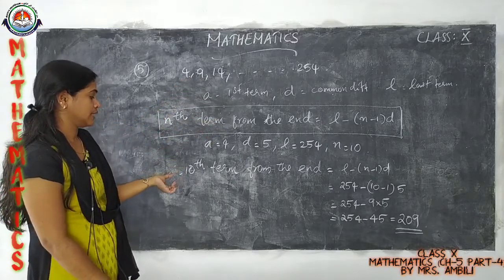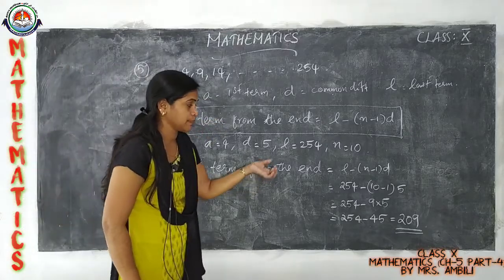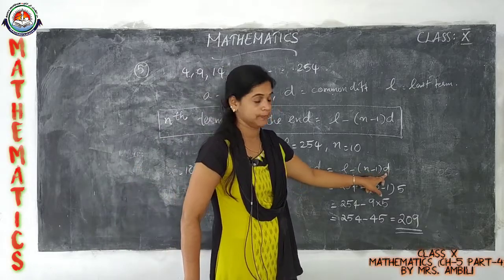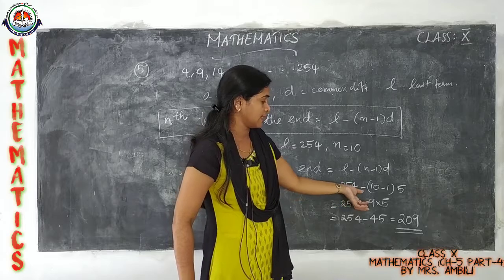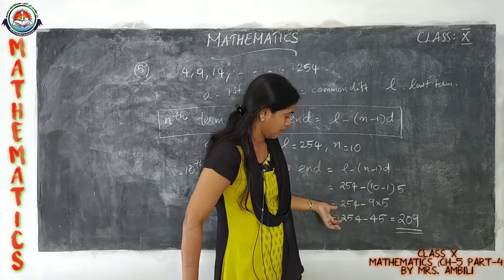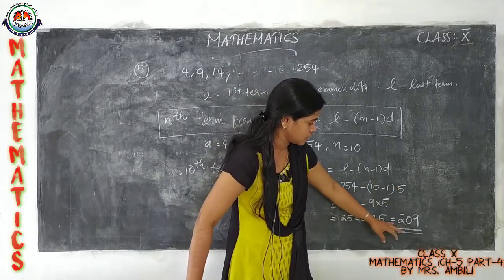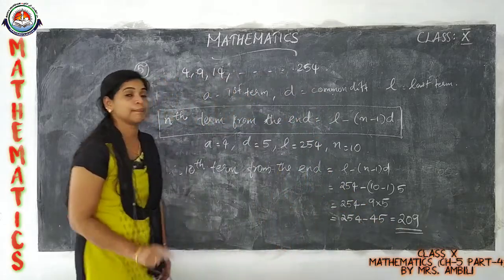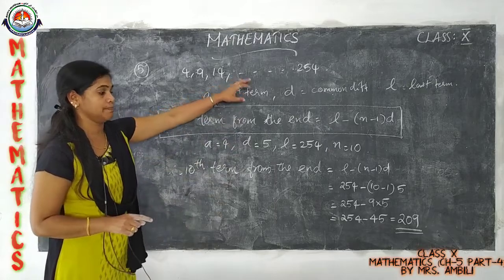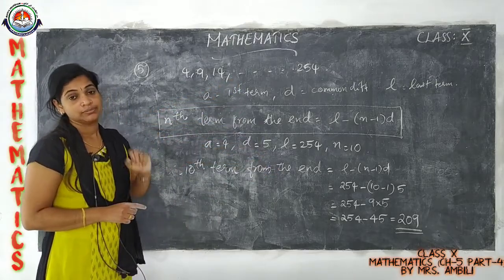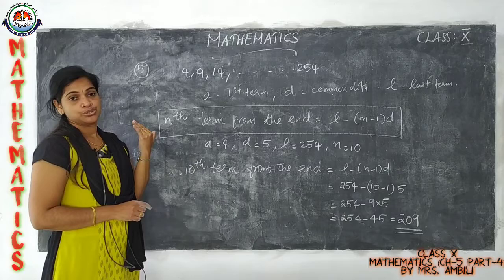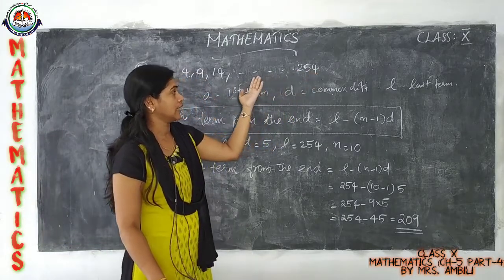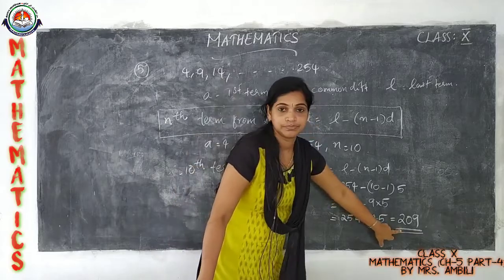Then apply it: 10th term from the end equal to L minus (n minus 1) into D, that is 254 minus (10 minus 1) into 5. Apply the values here, we get 209. What does it mean? The 10th term from the end of the given AP is 209. From the end, from right to left, the 10th term is 209.